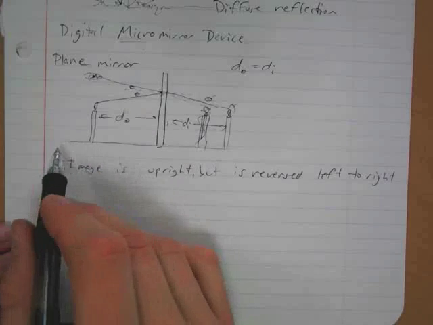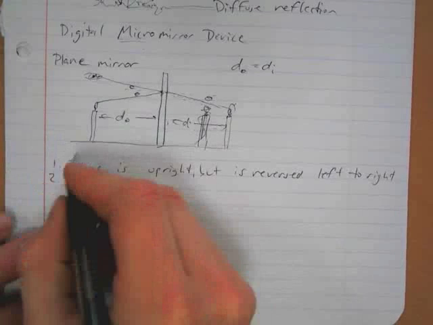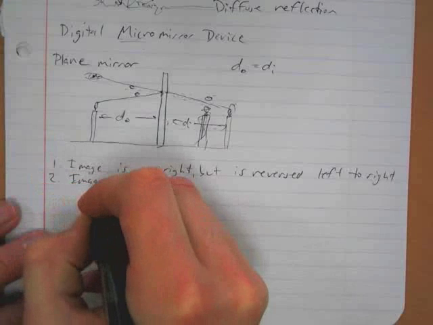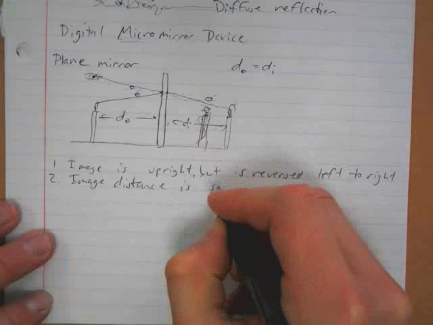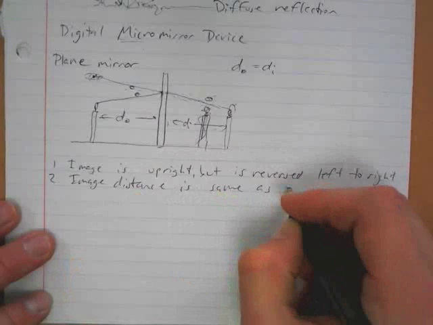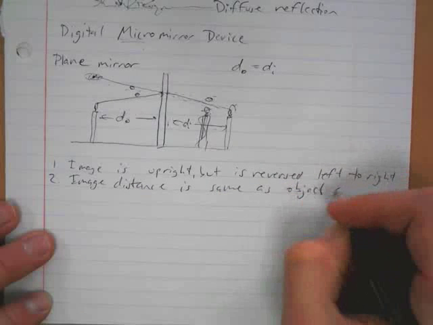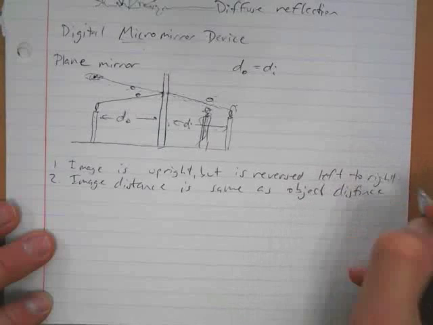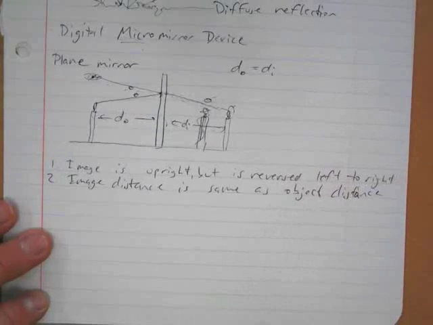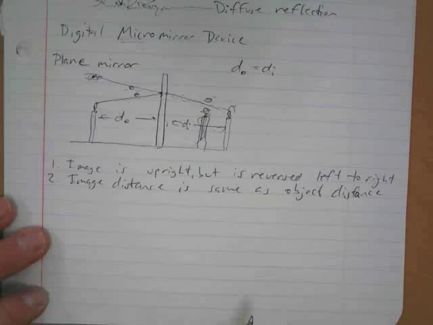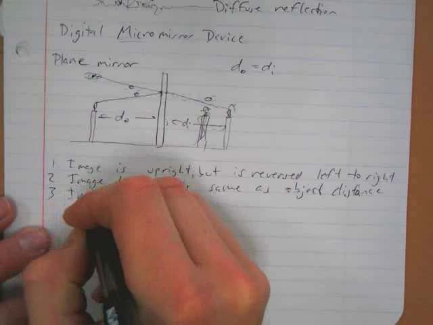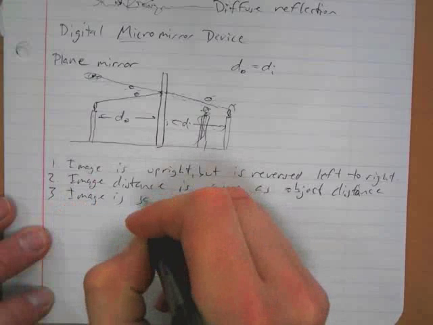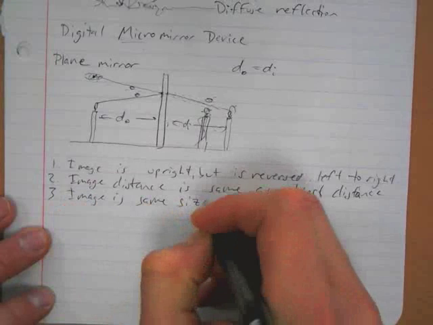And I've already said this, but another property, the image distance is the same as the object distance. And then third property is that the image is the same size as the object.